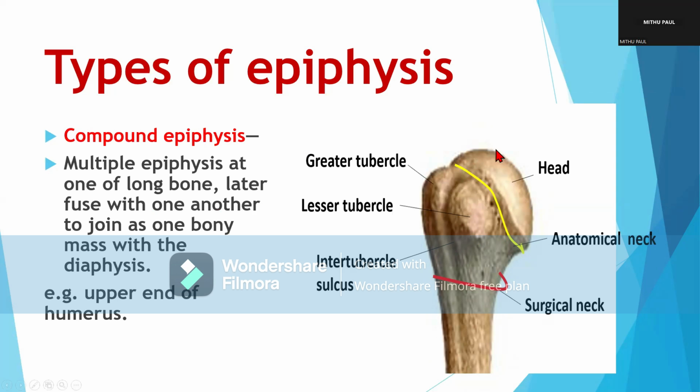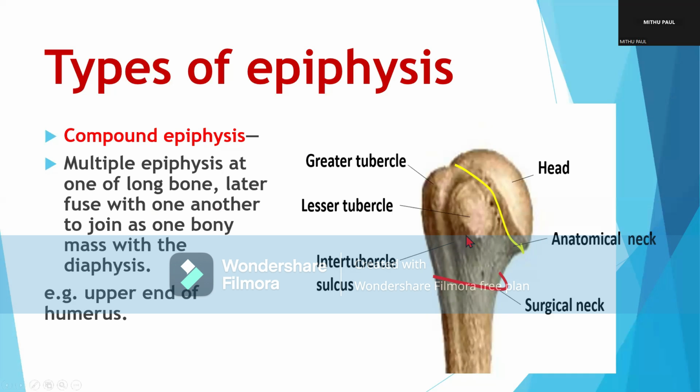One is for the head, one for the greater, and one for the lesser tuberosity at the upper end of the humerus. They appear at different ages, at almost 1, 3 and 5 years, but they merge with one another by the age of 6 years, as if they are acting as a single epiphysis. Though appearance-wise, they are three separate epiphyses.